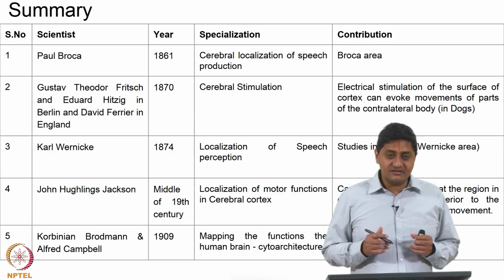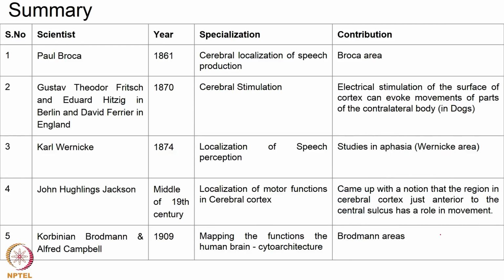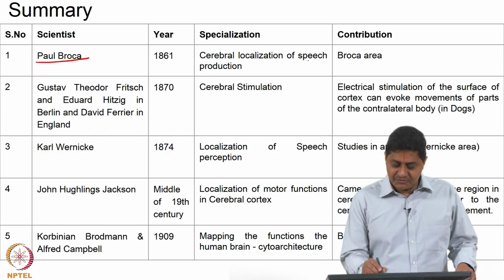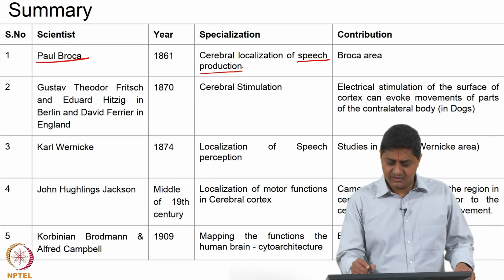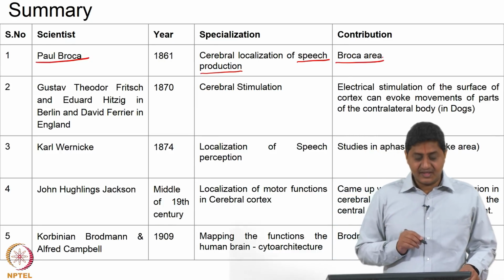First and foremost, historically, localization of cerebral function started around the same time by multiple colleagues, multiple stalwarts. Paul Broca suggested that speech production was localized in a particular area, right, that is now called Broca's area.